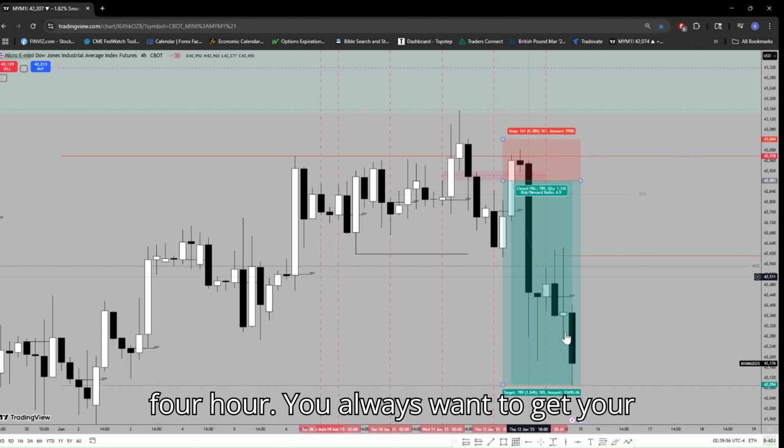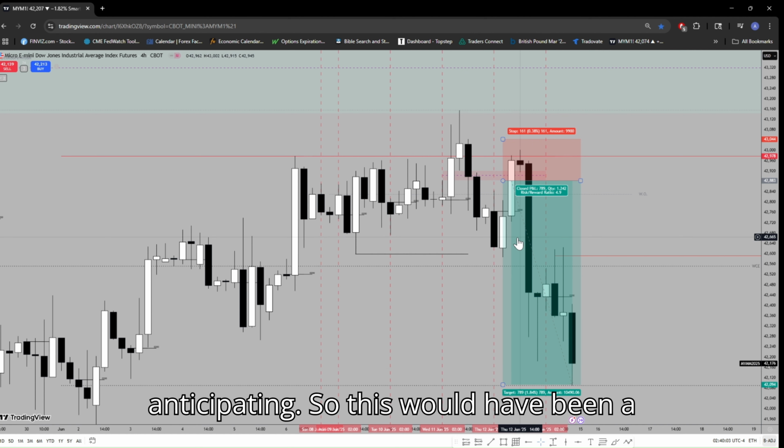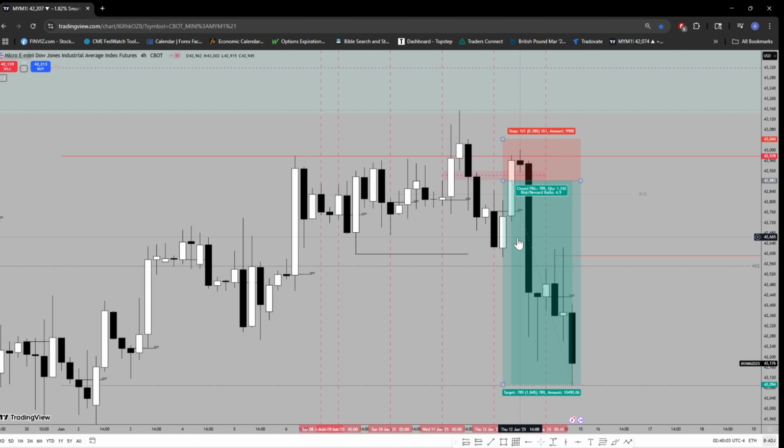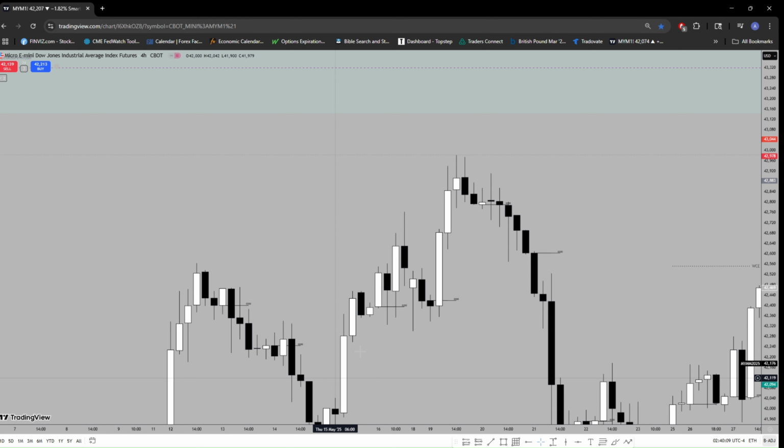You always want to get your targets from the weekly time frame because it's a weekly expansion that we're anticipating. So this would have been a 2-day trade. Generally, our trades take about 2 days to play out.